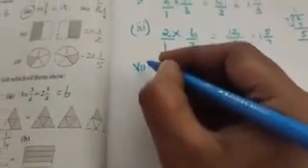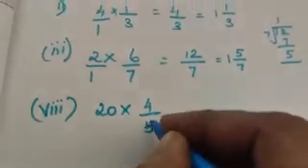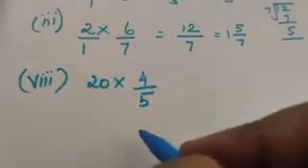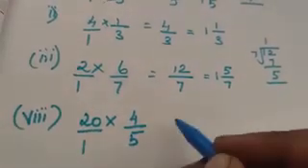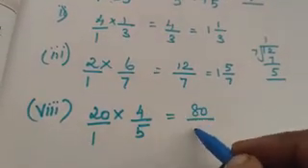Suppose you had taken, for example, the 8th one. That is 20 multiply by 4 by 5, right? So 20 multiply by 4 by 5, here the denominator is 1. So 20 into 4 is 80 upon 5.